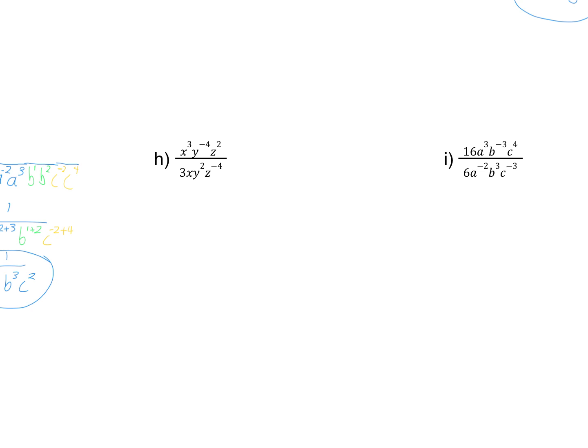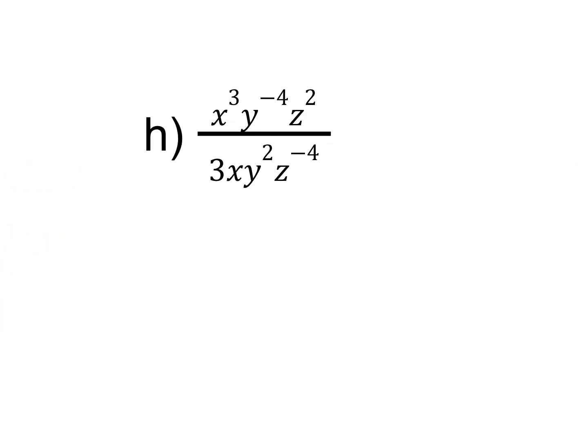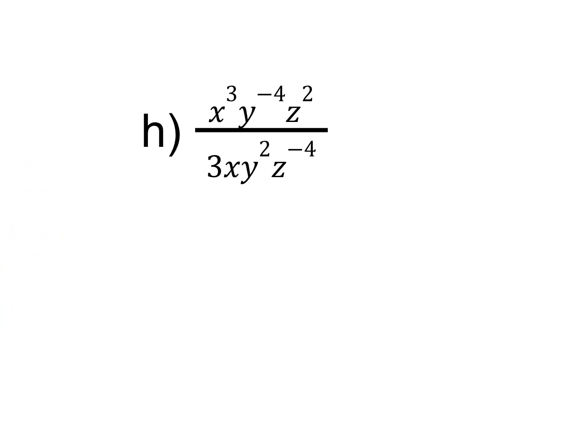Okay, let's do one more together, and then I'll leave the last one as homework for you. So I notice I don't have a coefficient in my numerator, but I do have one in my denominator, and it doesn't have a negative exponent, I should say. So that 3 will stay in the denominator.